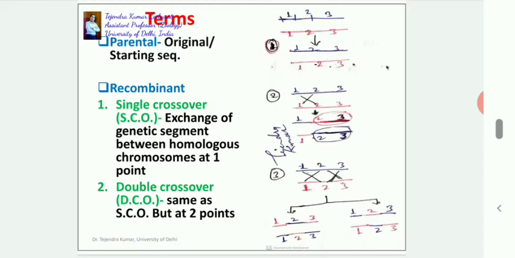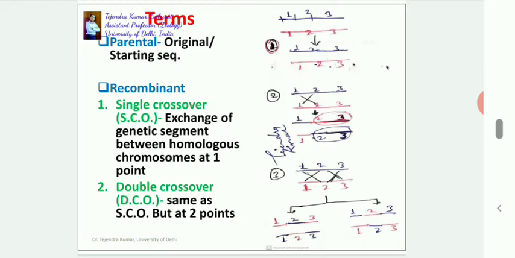And in the third situation, you can see there are 3 genes already available, but crossing over occurs between 1 and 2, and again between 2 and 3. It means they exchange their genetic material 2 times between the homologous chromosomes.